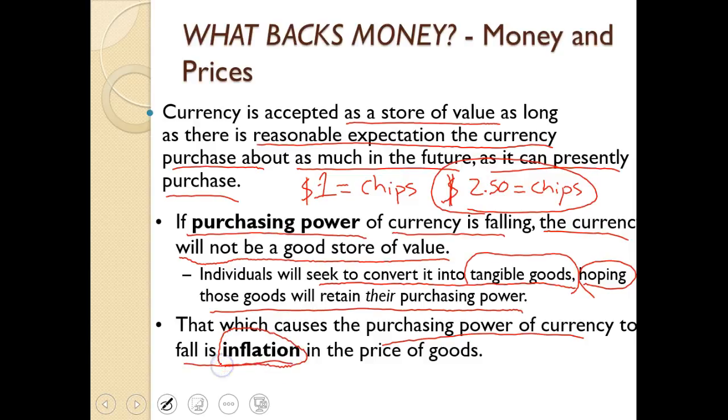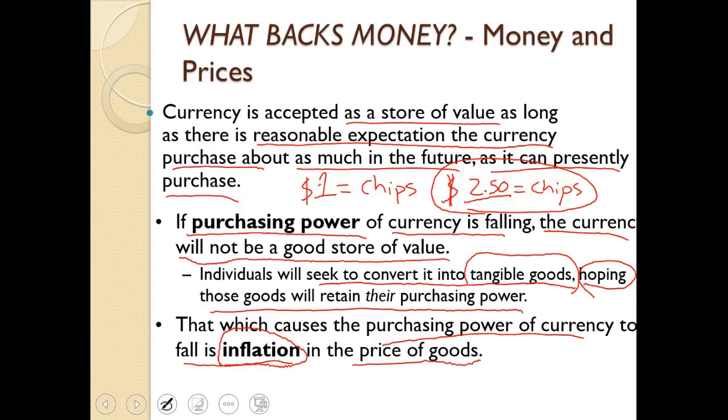Inflation is whenever the purchasing power of a particular currency is actually falling. Or it's inflation in the price of goods. So if the price of goods has started going up, as we go back to our chip example, we said originally you could spend $1 and get a bag of chips. Now it costs $2.50 to get a bag of chips.